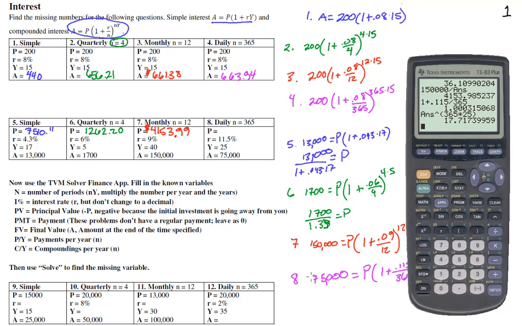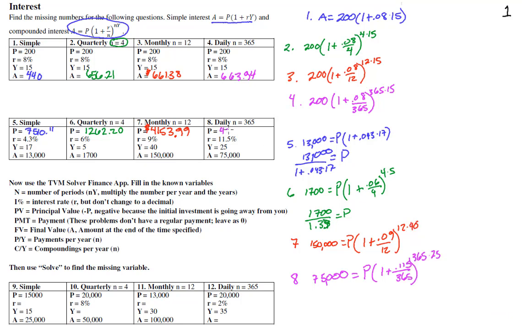So we've got to divide 75,000 equals P times 17.7. So we divide off the 17.7 and we get 75,000 divided by that answer, 4233.13. There we go, and that's what P will equal.